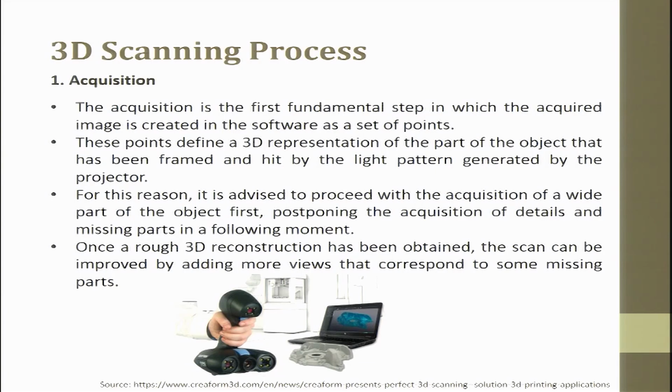So what is acquisition of data? Acquisition is the first fundamental step in which the acquired image is created in the software as a set of data points. You can see here there is a laser which comes here, a laser which comes here, and then you have one more laser which is used for aligning. These can be the data points which get acquired, and this blue laser is used for aligning or calibration, whatever it is.